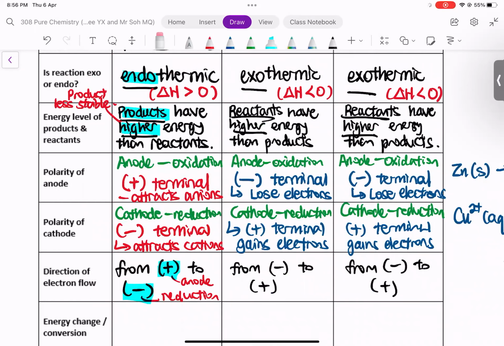This means the reaction is actually hard to do. I am forcing the electrons to do something they don't want. What do electrons not want? Electrons don't want to move to negative. And that's how I remember electrolysis, electron flow is from positive to negative. Because I know that this is what electrons don't like. They don't want to move to negative. That's why I need to take in energy in electrolysis.